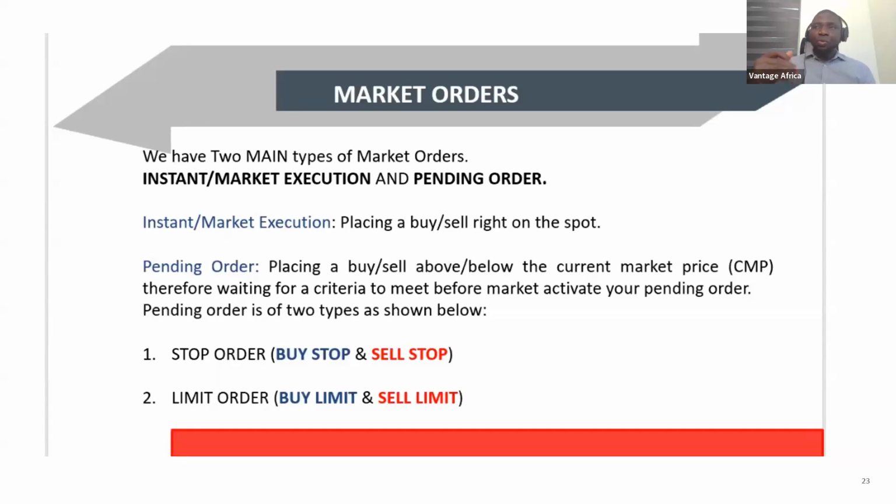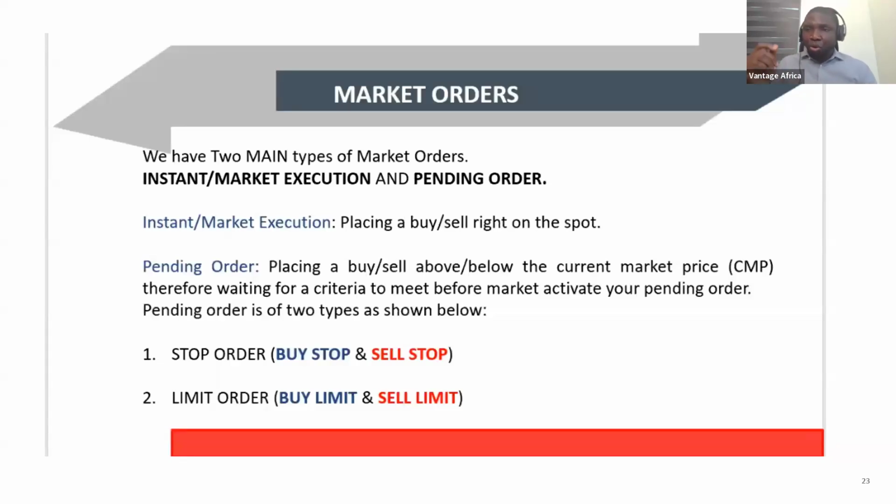Now, when you're trying to place a trade somewhere other than the current market price, that's what we call a pending order. There are different types of pending orders we're going to see shortly, but that's the rationale behind it. So price is currently at 1.25, for example.